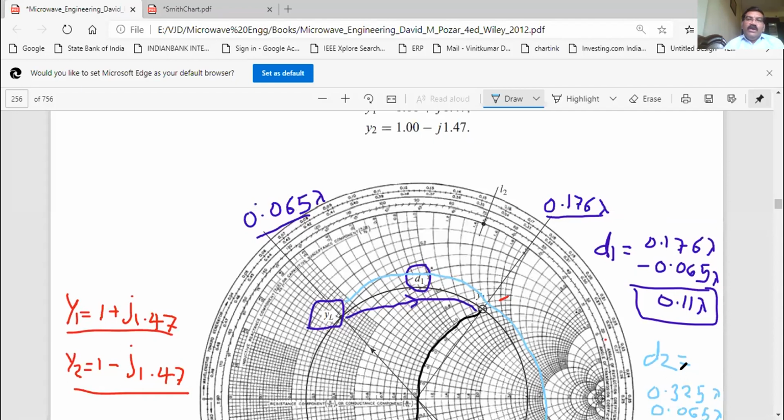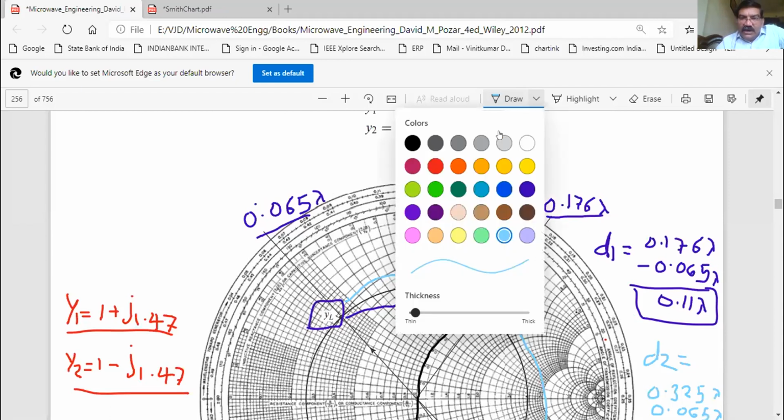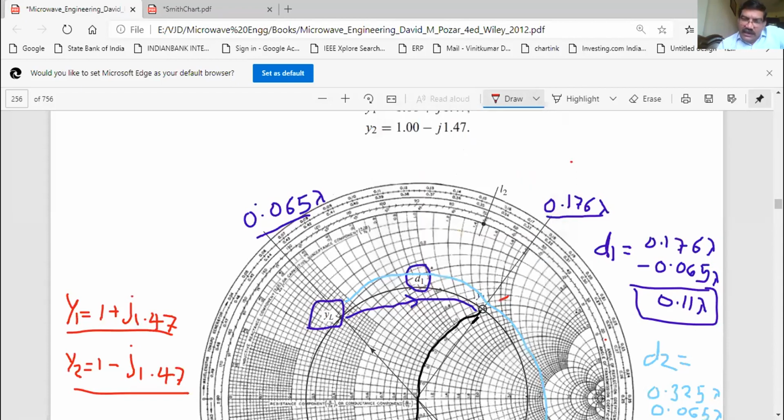Now for the L part, that is the length, I'll do all of it in red so that you can differentiate. Now in the L part, what is the value of Y1? Y1 is 1 plus j1.47. So j1.47, where is the point?